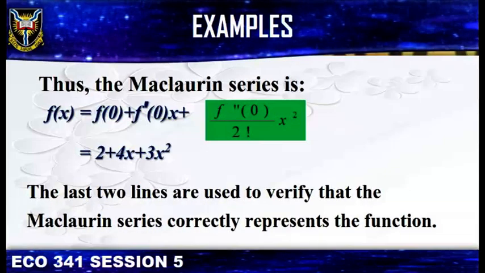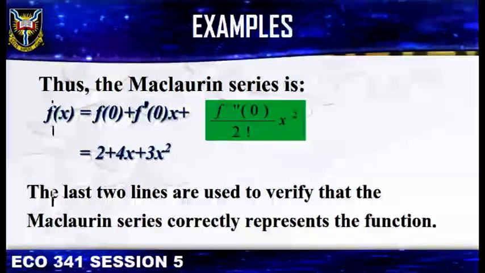Thus, the Maclaurin series is f of x is equal to f of 0 plus f prime of 0 x plus f prime prime of 0 x squared over 2 factorial is equal to 2 plus 4x plus 6x squared over 2 factorial is equal to 2 plus 4x plus 3x squared. The last two lines are used to verify that the Maclaurin series correctly represents the function.